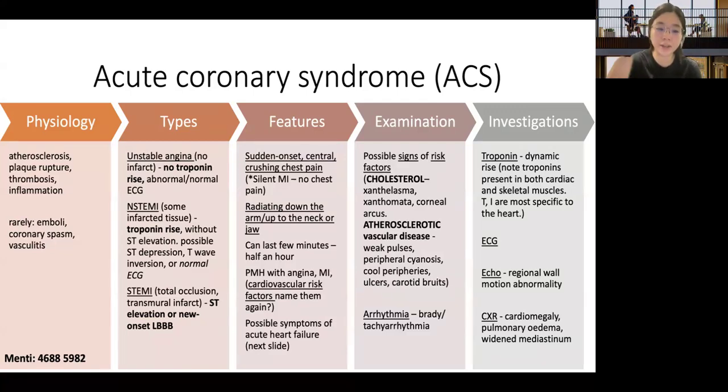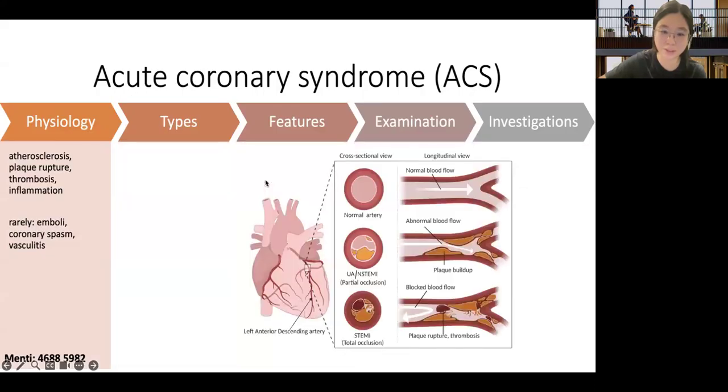If there's a dynamic rise over time, that would suggest you're actively having this infarct. But in unstable angina, there's no real infarct, although there is that partial occlusion, which is why you're having the chest pain. But there's no troponin rise.